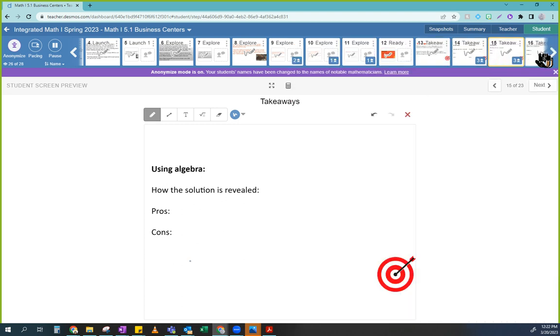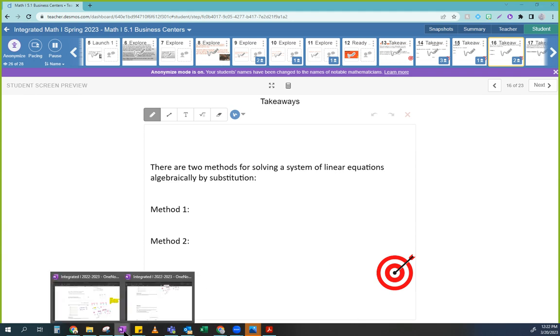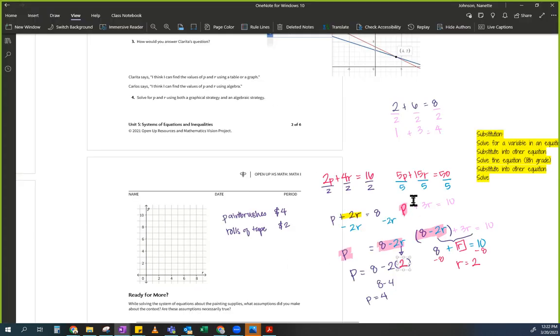Okay. Last but not least, there are two methods for solving a system of equations by substitution. One of the ways looked more like what we did in this last problem, where we solved for one variable and plugged it into the other, right?